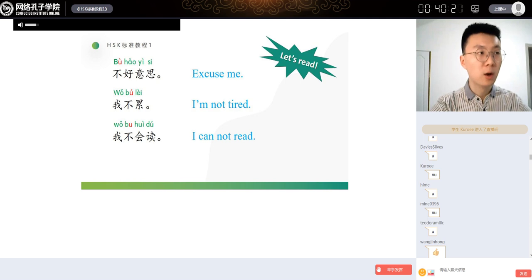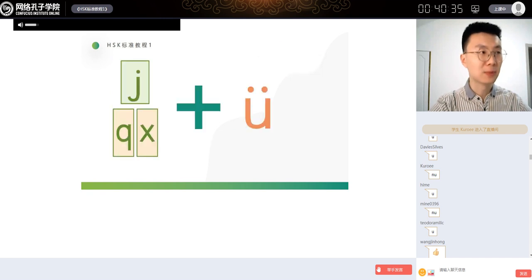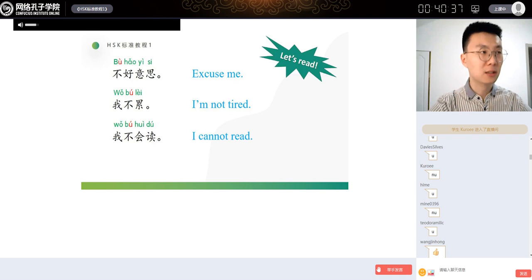Yes, 会 is fourth tone. So here we should read the second tone. 我不会读, I cannot read. 我不会读, I cannot read. Okay, this is the tone of 不.